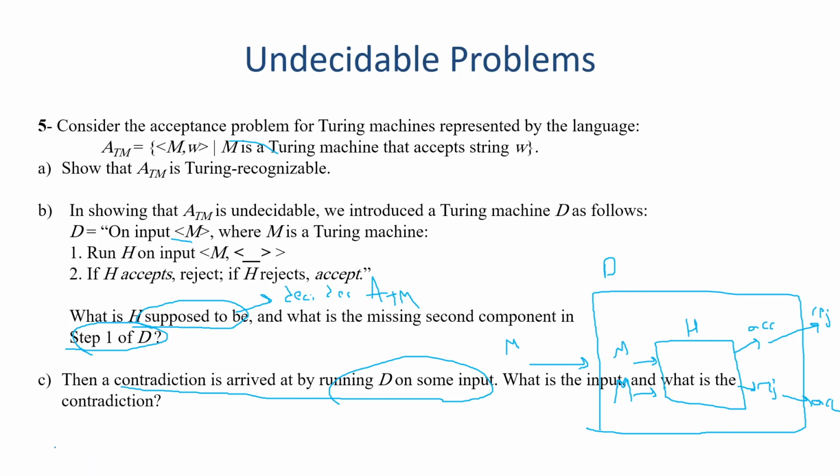So if I decide to feed it H, then we have H here, and we have H here. In the small picture, we're simply asking H, what does H do when it takes itself as input?